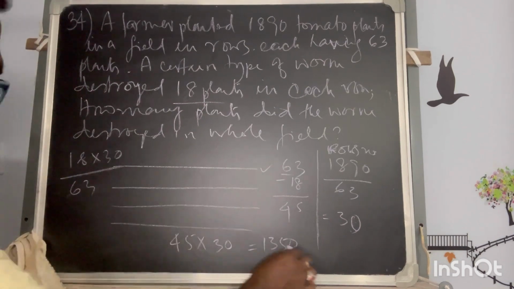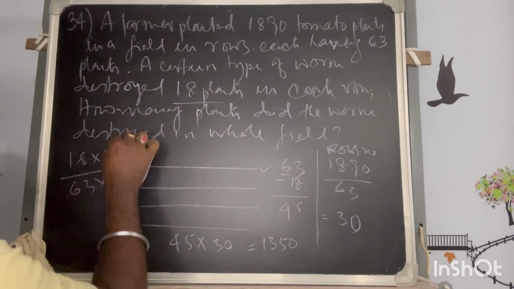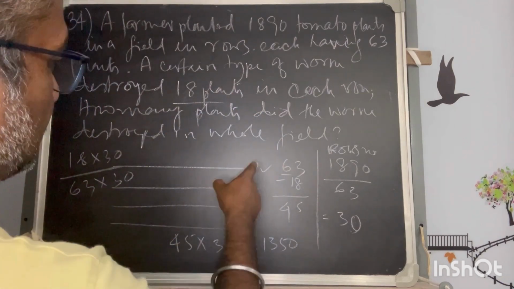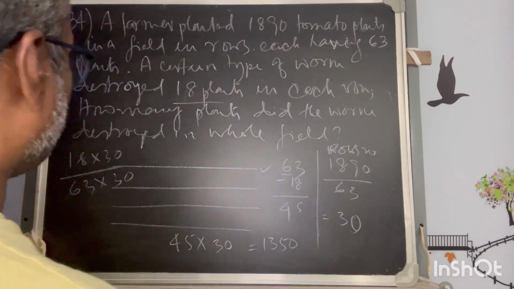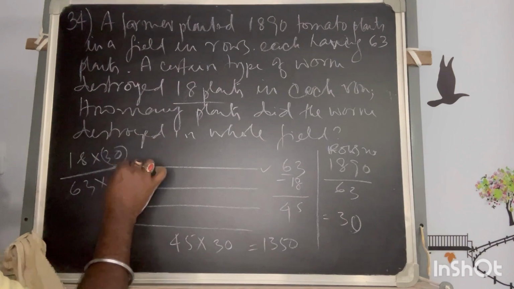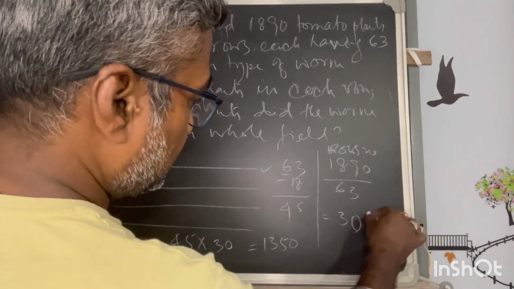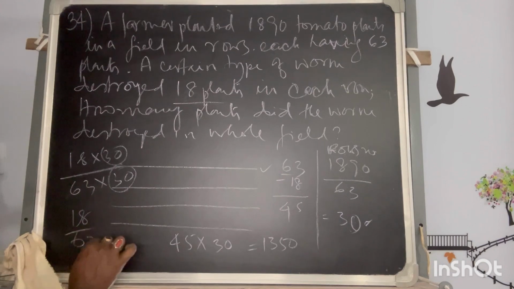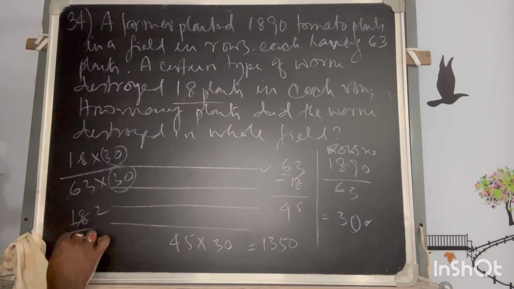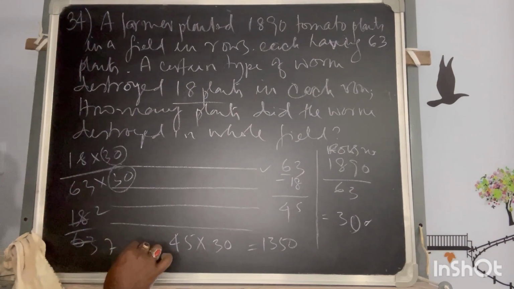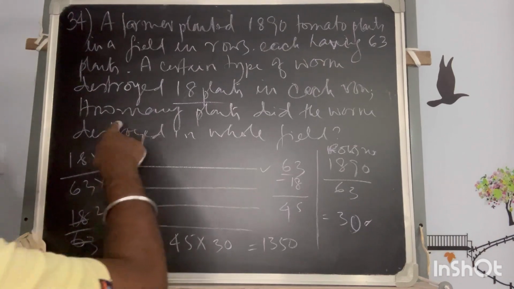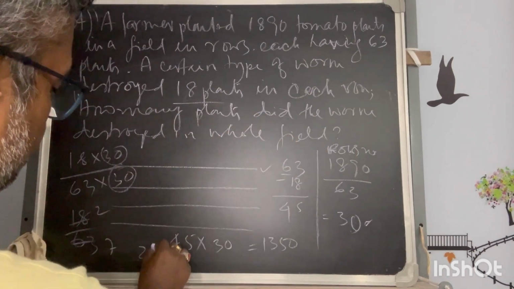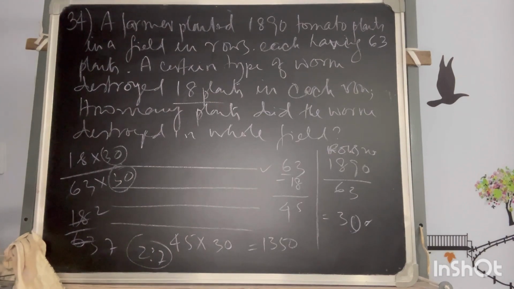We see this 30 is common for both, so that will be cancelled. So 18 by 63, nine 2s are 18 and nine 7s are 63, so 2 is to 7 is the ratio. How many plants did the worm destroy? 2 is to the whole. This will be the answer. Okay.